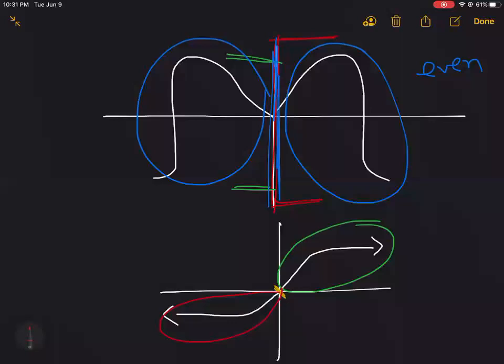Like the same way the curve has gone in both occasions. So we say this is symmetric with respect to the origin, and we'll say this is odd.